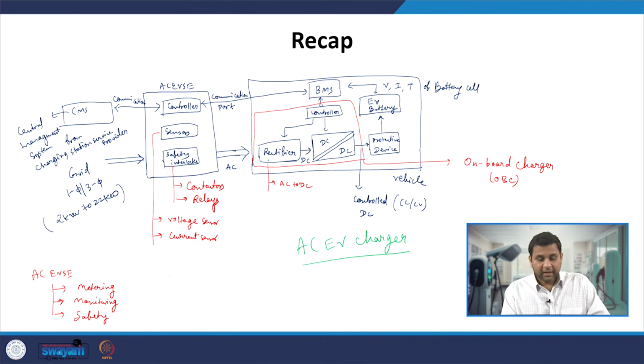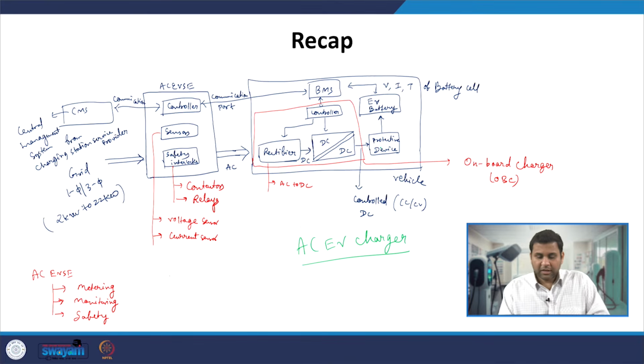Inside the vehicle there is the rectifier, which converts the AC which gets plugged in into DC quantity, and then this DC passes through an isolated DC-DC converter to provide the controlled, or regulated, DC output, where depending upon the charging profile the BMS can instruct the isolated DC-DC converter to apply the required voltage at its output.